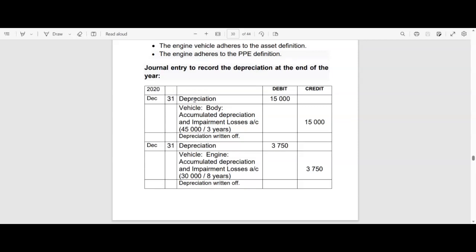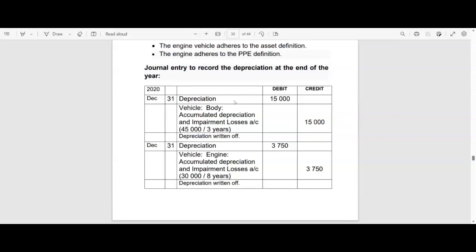So we're only going to have one depreciation expense account for each category of property, plant, and equipment. I would have preferred that to be called depreciation vehicles, for instance, right? But anyway, the main thing is when it comes to the contra account there.